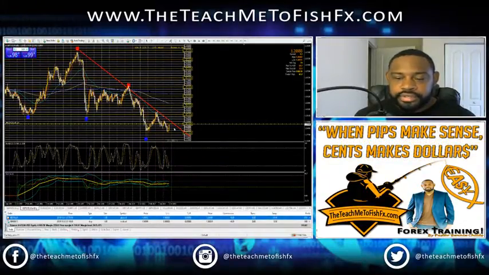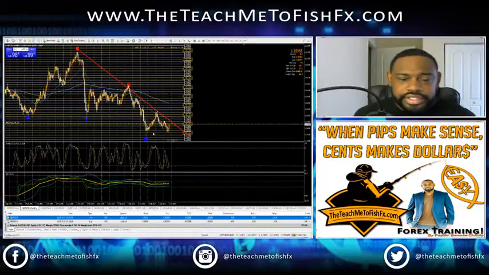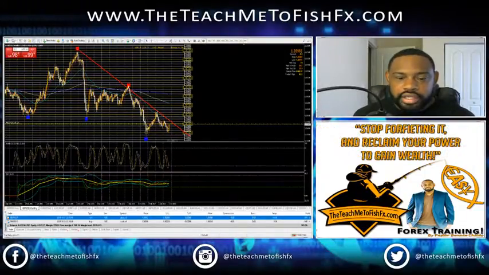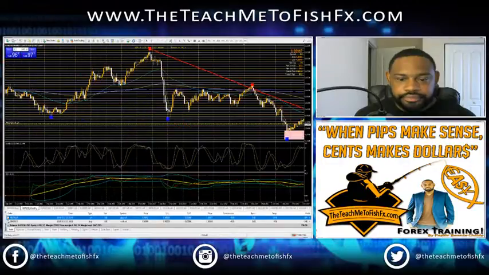And some of the reasons why it's not really a concern, but you're just alert about it, is we can see right here where this zone was created and respected.